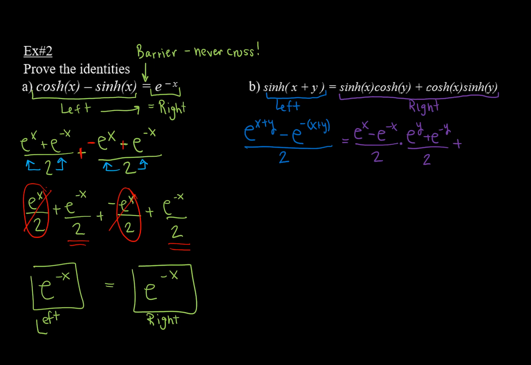And I'm going to add to that the cosh of x, so e to the x plus e to the negative x over 2, times the sinh of y, see if I can squeeze that in the side here, e to the y minus e to the negative y all over 2. All right, now let's simplify that right-hand side.